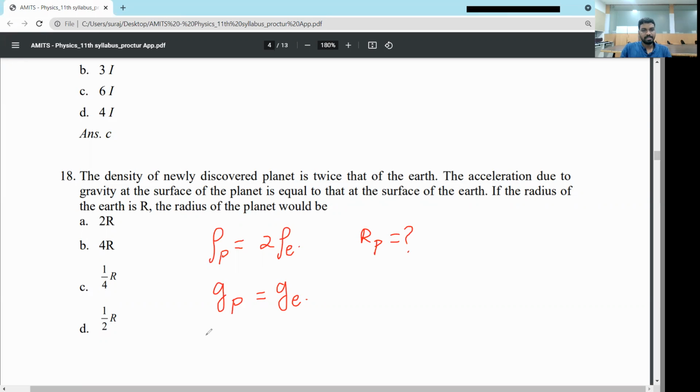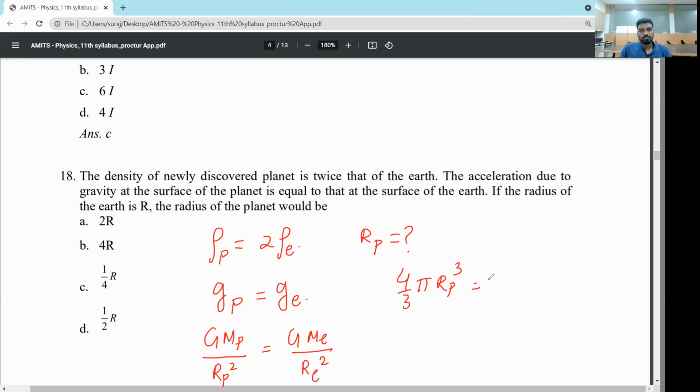What is acceleration due to gravity? G mass of the planet by radius of the planet whole square equals G mass of the Earth by radius of the Earth whole square. Density is twice. Density is 4 by 3 pi radius of the planet whole cube should be equal to 4 by 3 pi radius of the Earth whole cube, into 2.